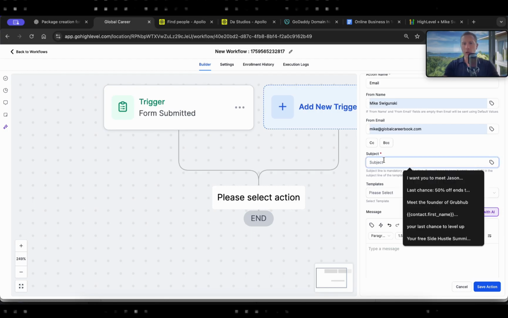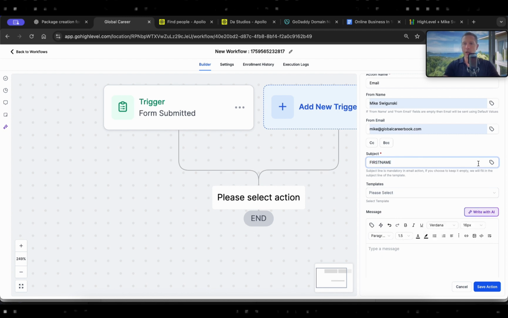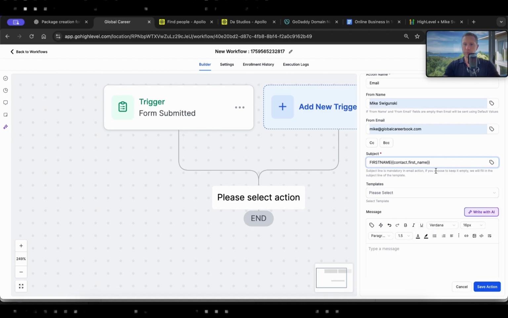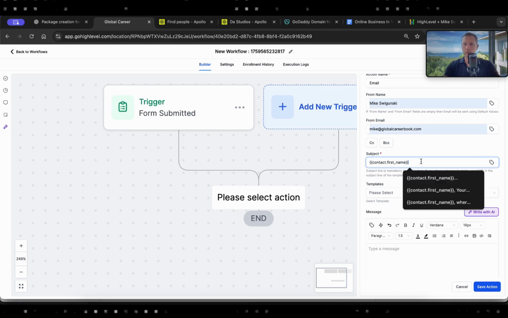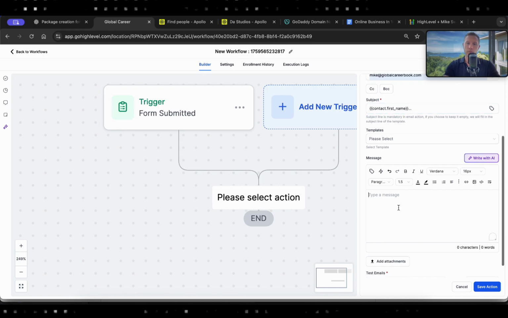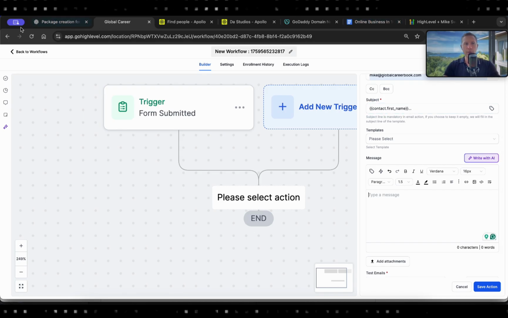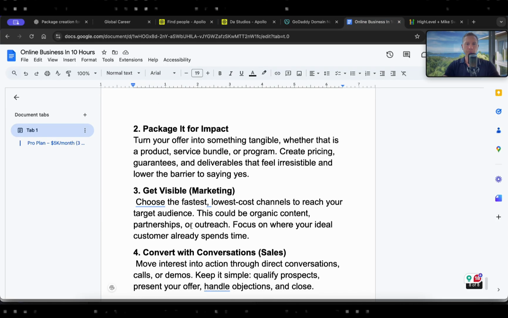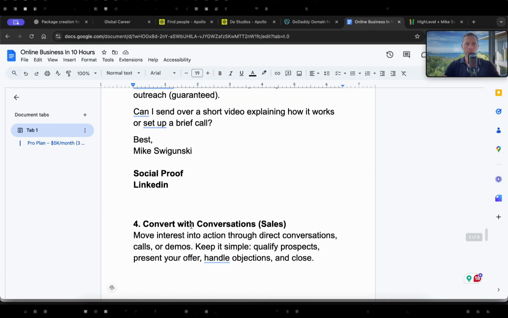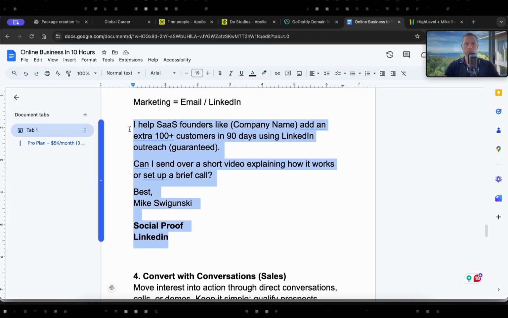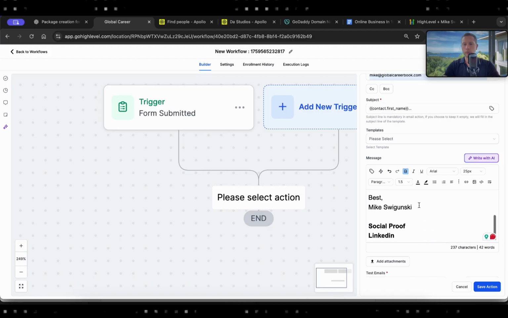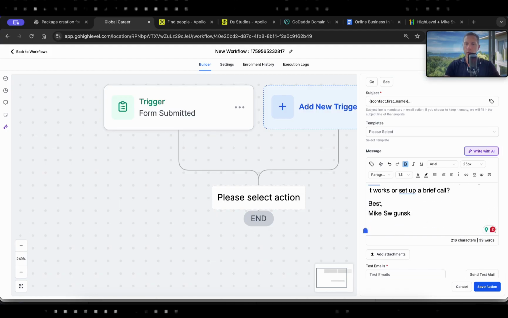Subject line, something to basically pique their interest. First name just works really good. And you can add it as a thing here, first name. And basically what we're going to do is just take this email that we've got here and we're just going to build this email.